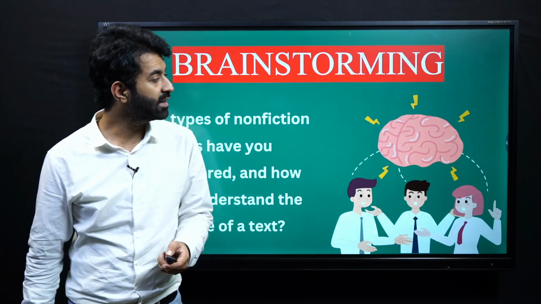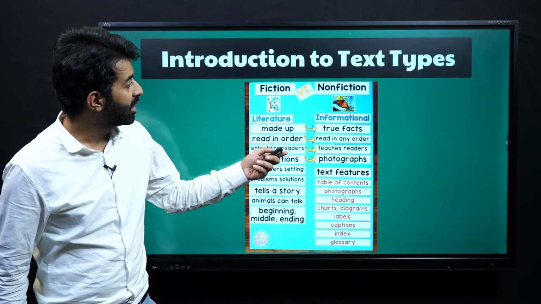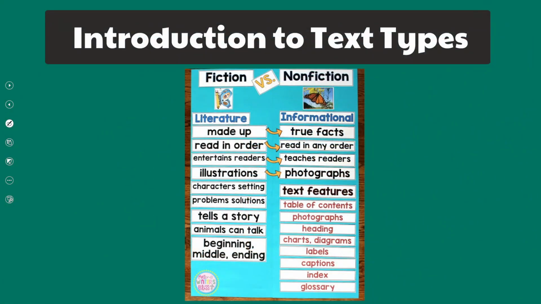So now let's see. Over here, we have a chart that introduces you to the text types, fiction versus non-fiction. So in fiction, we have literature. It is made up, read in order, entertains the reader. It has illustrations, it has characters, all the story elements, problems and their solutions.